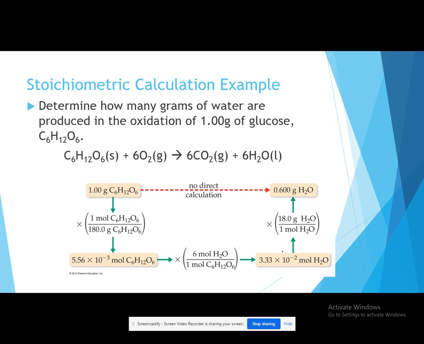You actually have to go through the series of steps that I talked about in the last slide. Here they took grams and multiplied by the molar mass, and that gave us moles. Then they multiplied by the mole ratio. Notice they got this 6 and this 1 from the balanced equation. That gives you moles of water, and then to go from moles of water to grams of water, they had to use the molar mass of water as well.